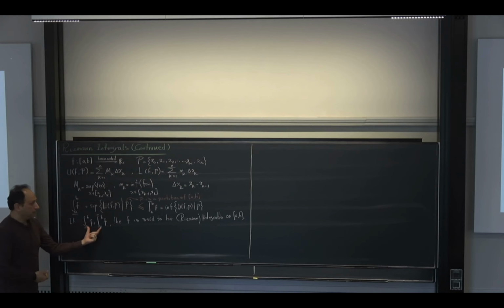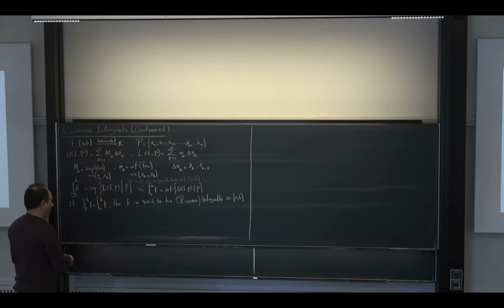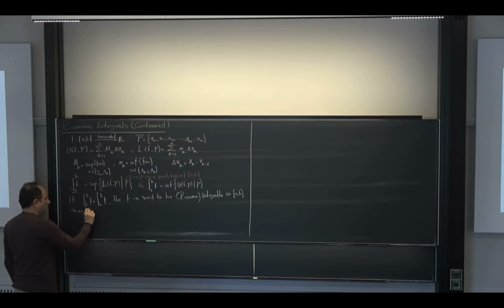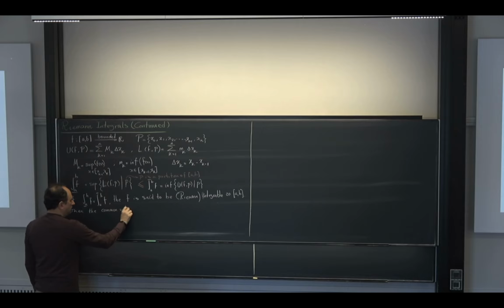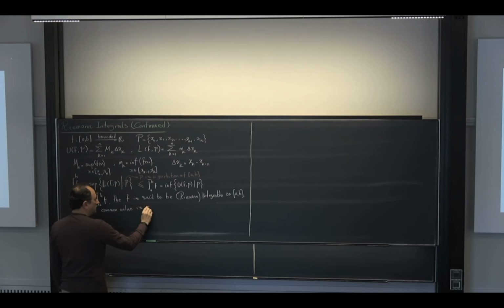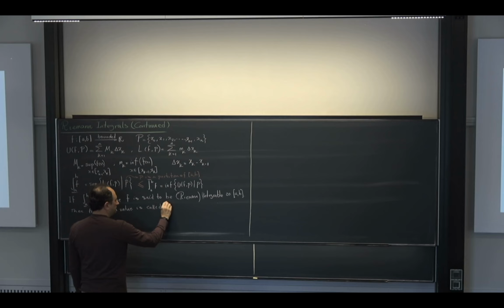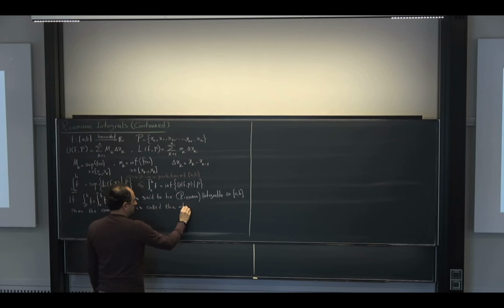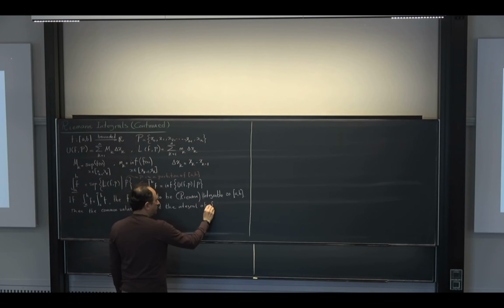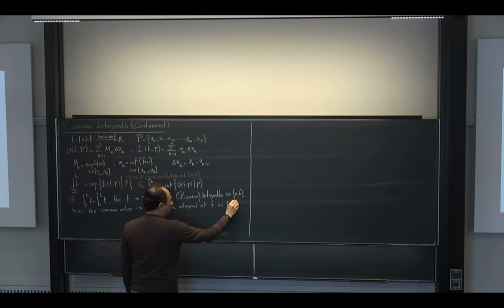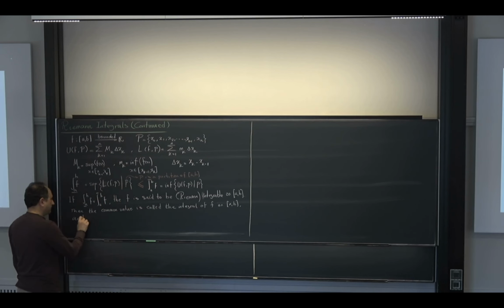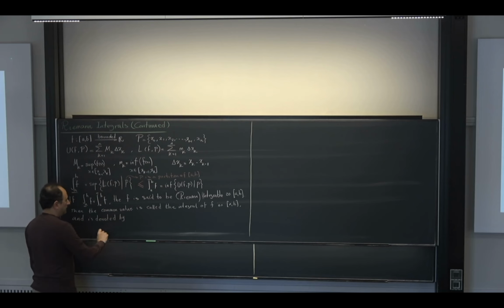And then the common value is called the integral of f on the interval a and b, and is denoted simply by the integral of f from a to b.